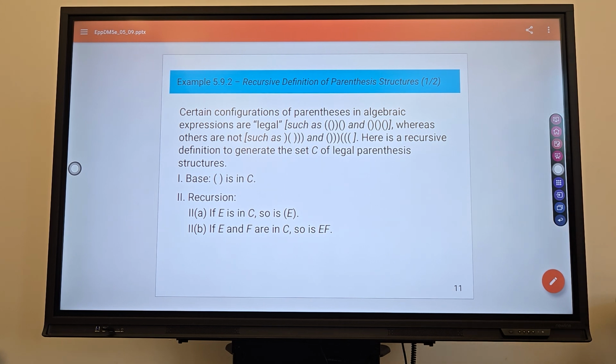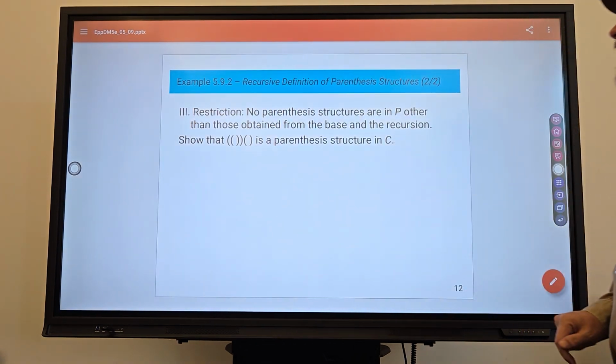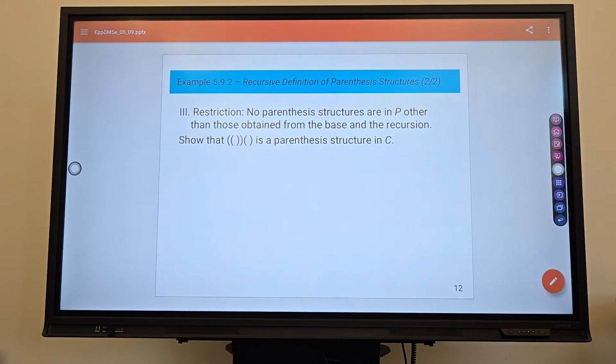If E is in C, so is E in parentheses. If E and F are in C, so is EF. Restriction. No parentheses structures are in C other than those obtained from the base and the recursion.